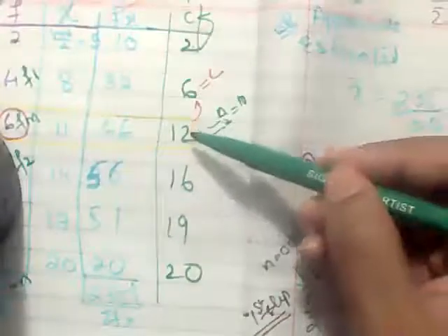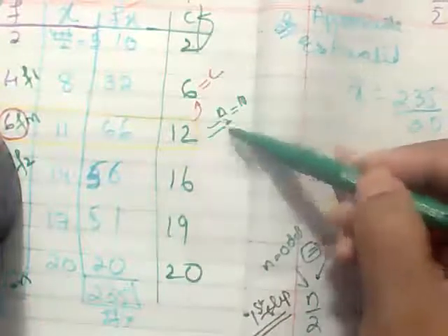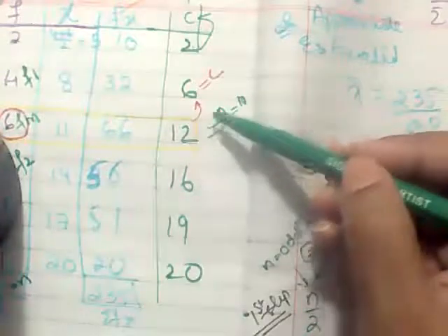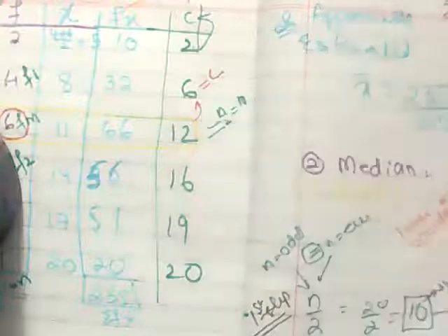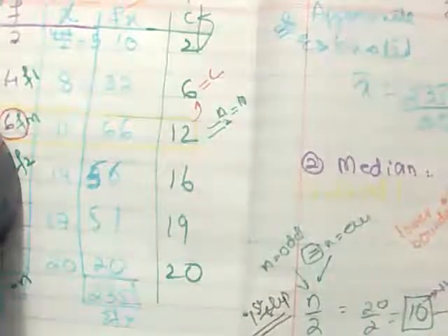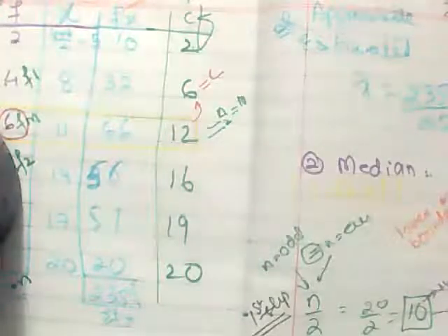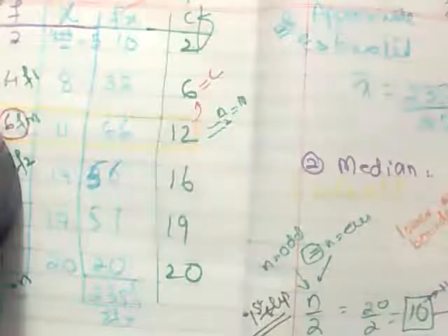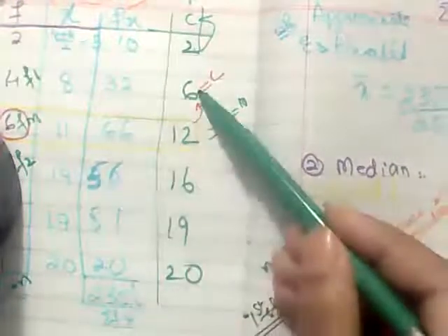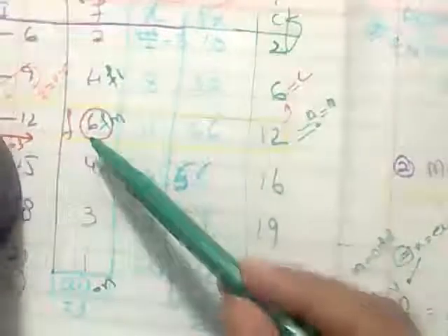When you highlight it in the CF column, this is where you check n upon 2. What is the preceding value in the CF column? That is 6, right? So that is your C. So this is the value of C, this is the value of F, and this is the lower limit 9.5.